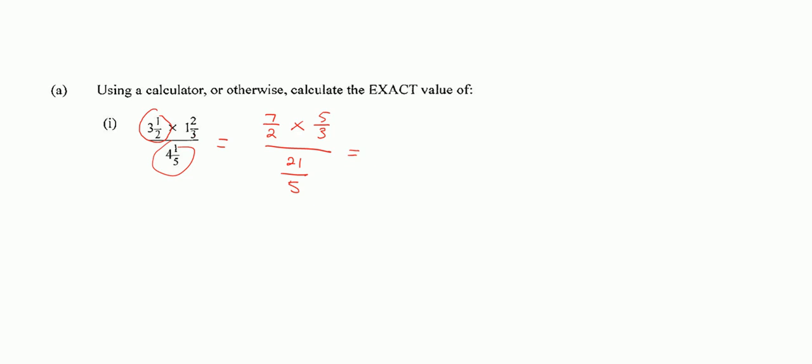Alright, so the top pair we can multiply it out and we will get 7 by 5 will give us 35 over 6 divided by 21 over 5.